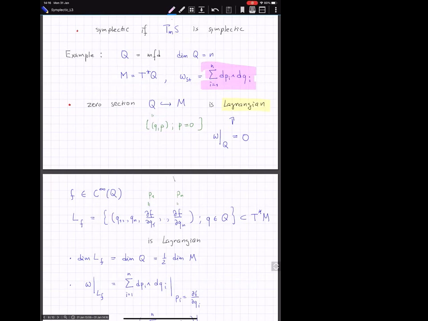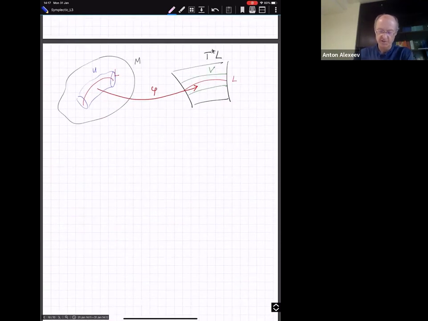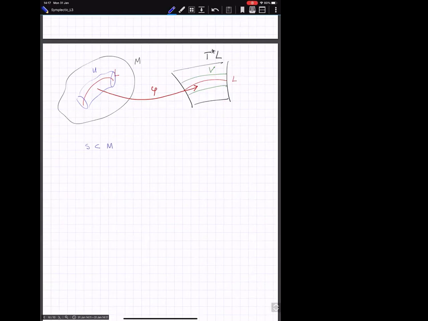So you have vertical ones, you have sections. I think what you can do, let me see from memory. You take a submanifold of the base. I think you can do the following. Let's say I have S, a submanifold of the base.